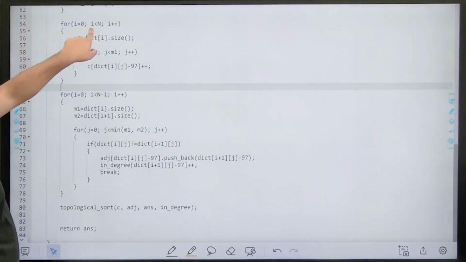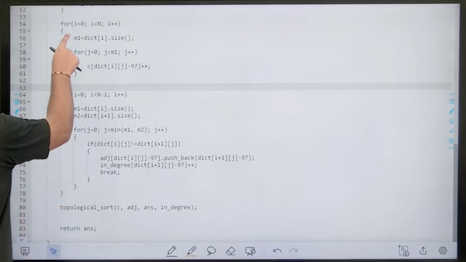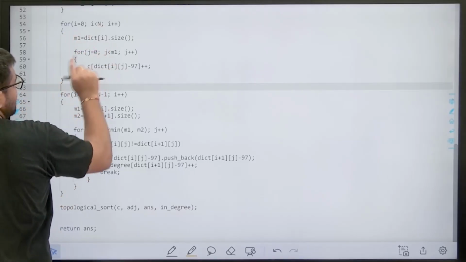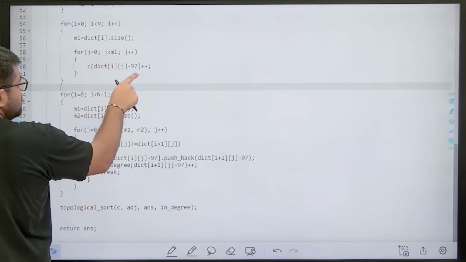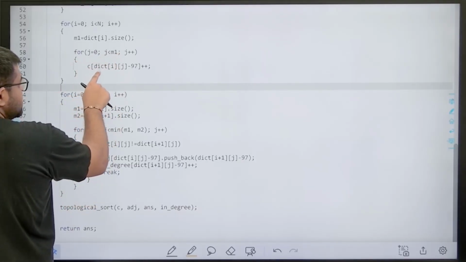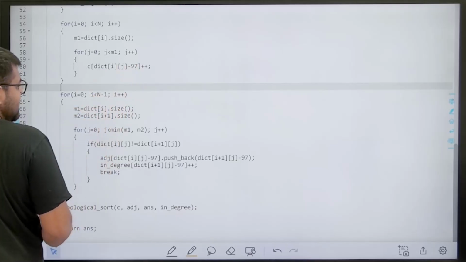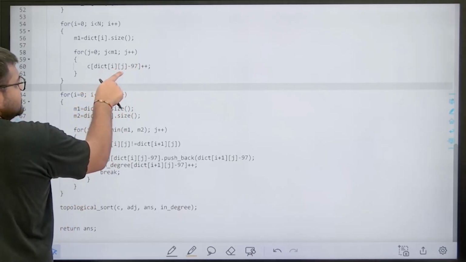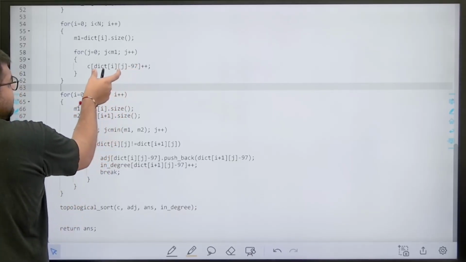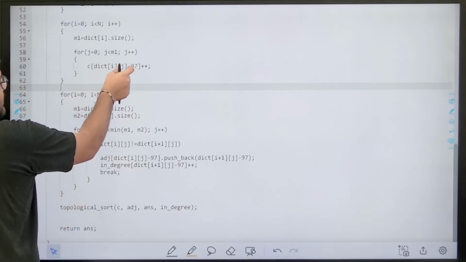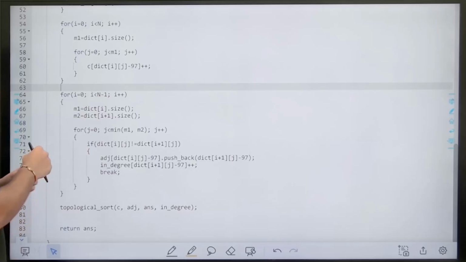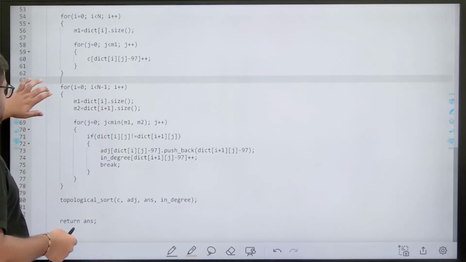Then what I have done is I have traversed all the strings for i equals 0 to n. m1 is the size of the ith string. I have traversed all the characters of m1 and added them to my counter. So counter of dictionary[i][j] minus 97 plus plus. That is the ith word, jth character, and why minus 97? Because this is a character and it will return an ASCII value, so I have to do minus 97 in order to map it from 0 to 26, right?